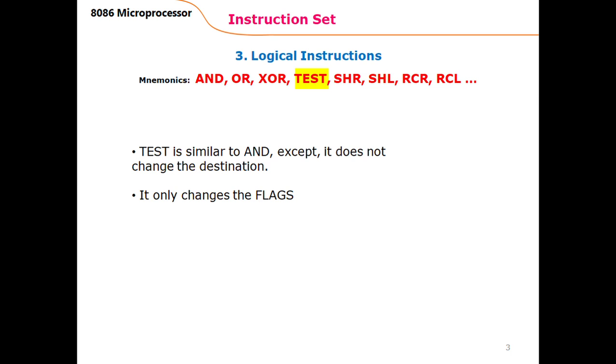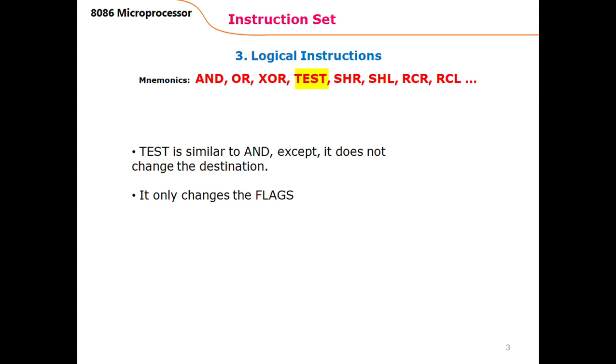But test does not store the result in the destination, or in other words, it doesn't change the destination. So it is similar in operation to AND, but the only difference is that test doesn't change the destination. The result is not stored anywhere.